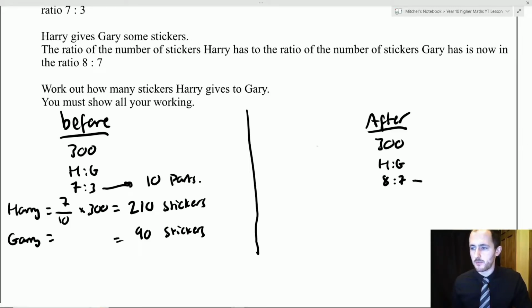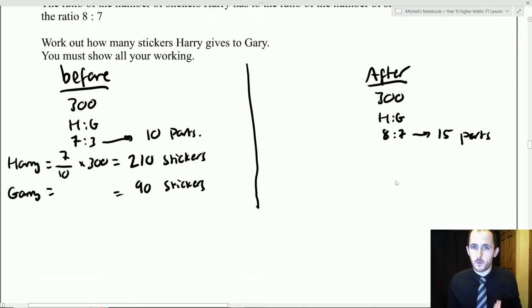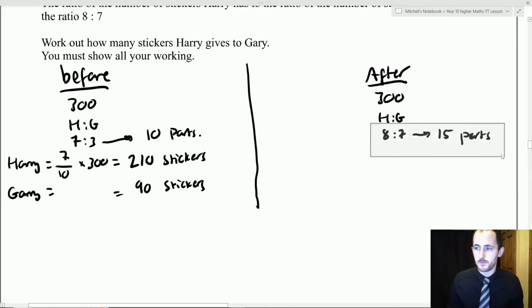So the total number of parts is now 15 parts. Now there's a few different ways that you can do this. Okay, if we want to work out exactly how many stickers they have, one way which I'm quite partial to is if we have 15 parts, right? What if I make this ratio equal to 300 parts?